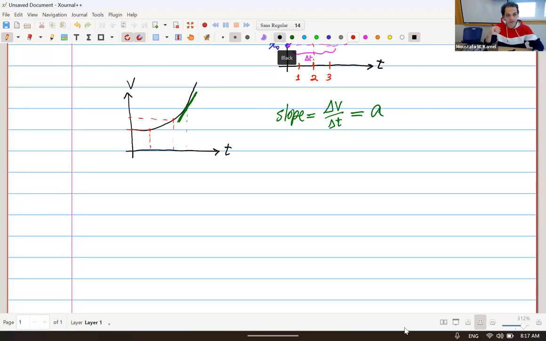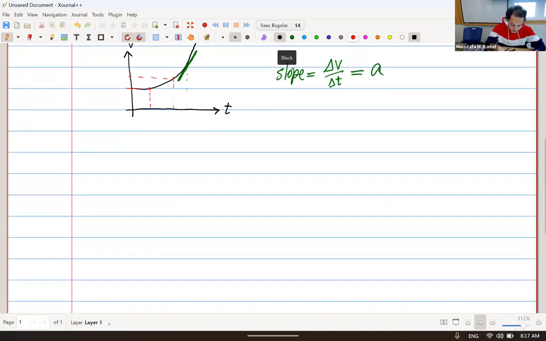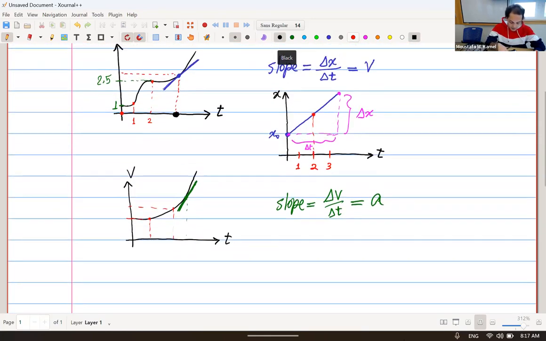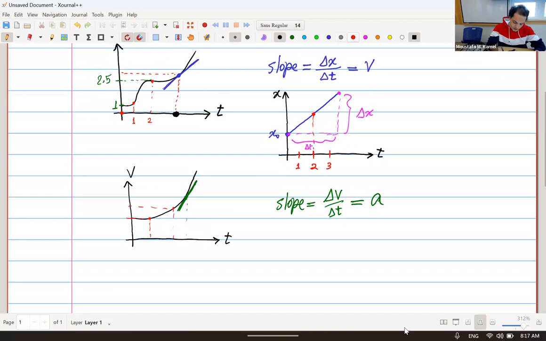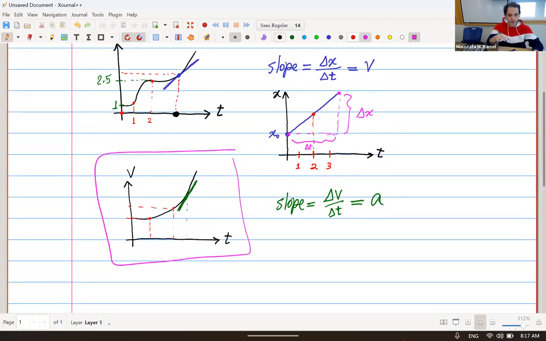So what's new this time is that if we are given this graph and we want to calculate displacement, okay, we know how to go from position to velocity, but now we want to go from velocity to position.